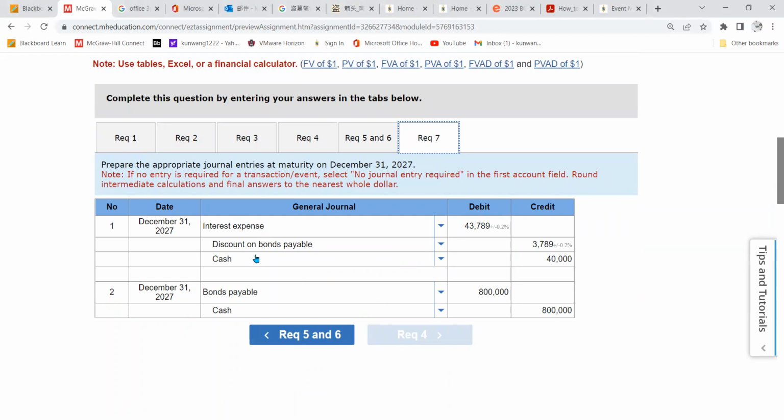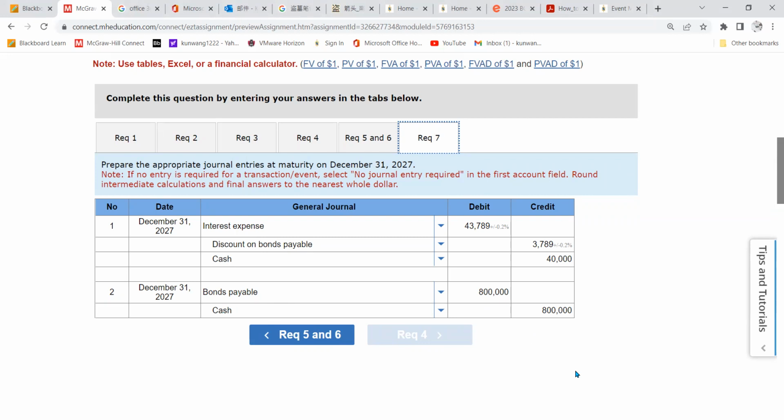So the last interest payment, based upon period 8, then the bonds payable will be canceled, will be reduced, and the cash will be paid by the maturity amount.